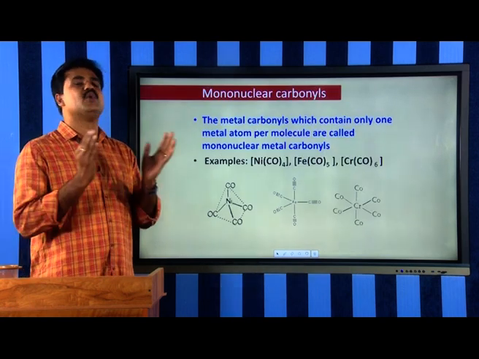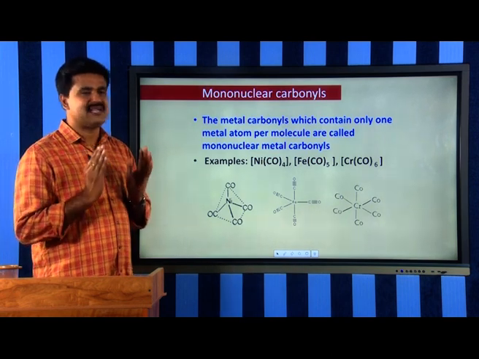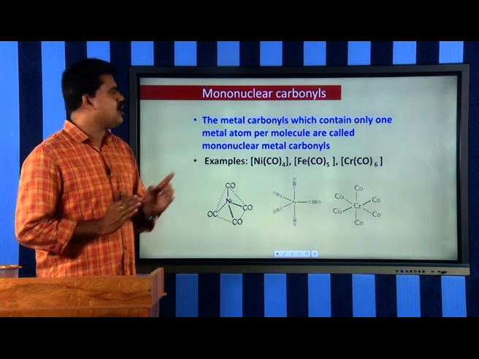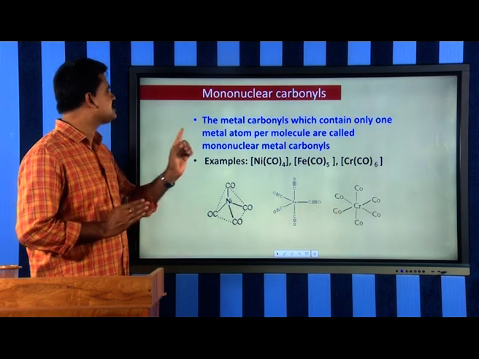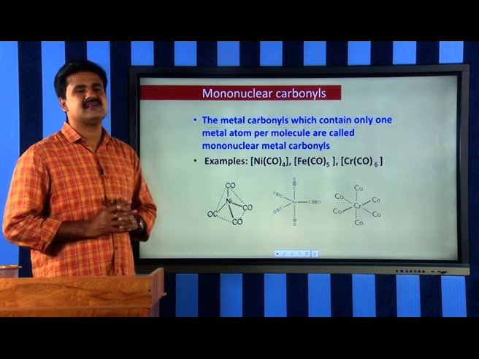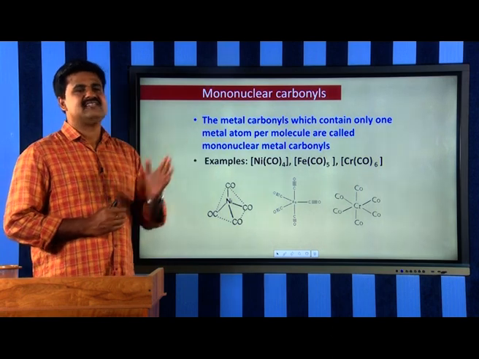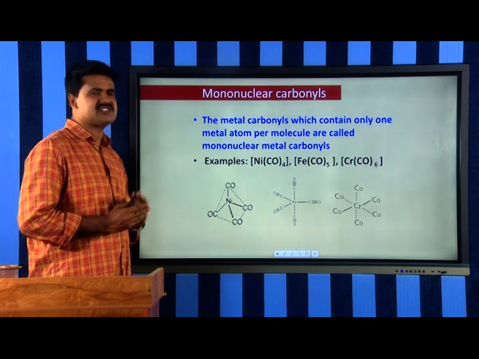There are so many mononuclear carbonyls. What is a mononuclear carbonyl? The metal carbonyls which contain one metal atom per molecule are known as mononuclear metal carbonyls. There are so many examples. Some simple examples are tetracarbonyl nickel, Ni(CO)4, shown by the first structure.